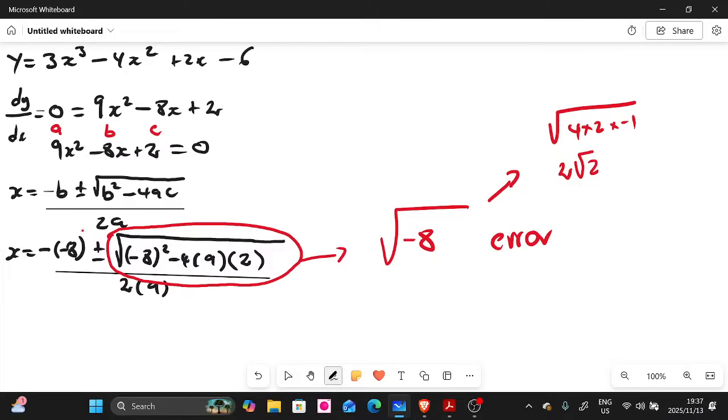The square root of negative 1, we said it's an imaginary number. I think this person took this question based on imaginary numbers, but we're not dealing with imaginary numbers. I'm just saying, if you come across something like this and you're doing complex numbers, this is how you solve it, guys. But if you're not doing complex numbers, we are doing differentiation, it's an error. Leave it, you can continue.